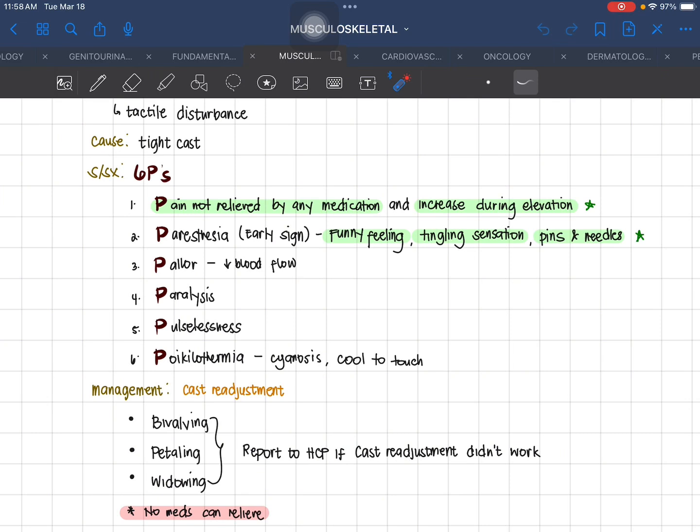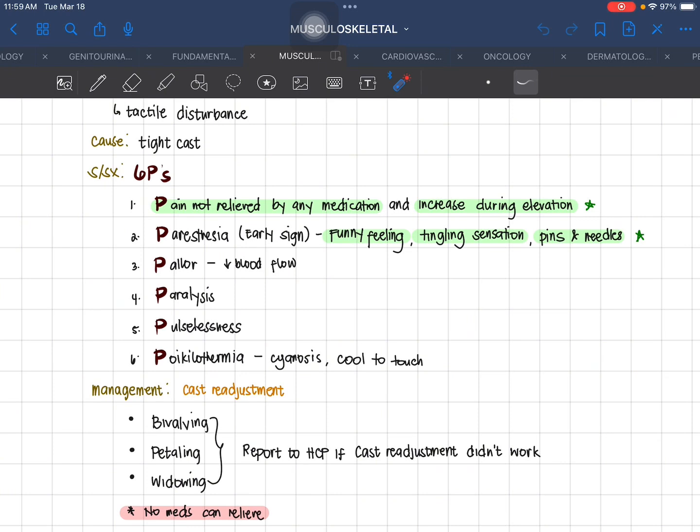Pangatlong P is pallor. Of course, dahil decrease ang blood flow mo niyan. Dahil may pressure, parang sobrang tight ng cast mo. So, makikita mo na parang pale. So, pallor. And pang-apat na P is paralysis. And pang-lima, of course, pulselessness.